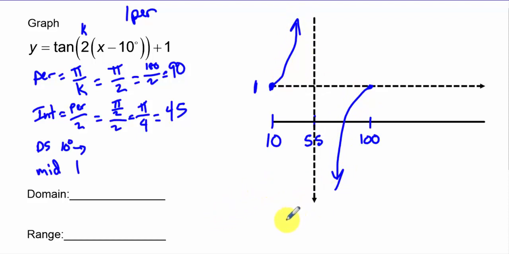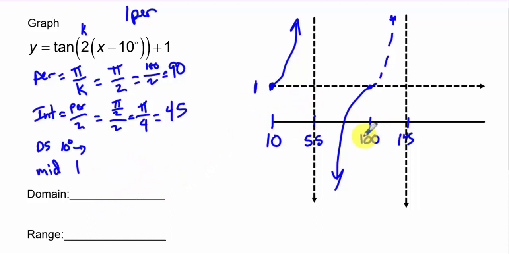The domain in this case, you'll notice that it's a little bit tough to see that domain, but if I were to carry this graph out just a little bit, add 45 more degrees, right, and get 145, you'll notice from 55 to 145 where my next asymptote would be, like so, I'm just going to put a dotted line there because I only want to graph one period.